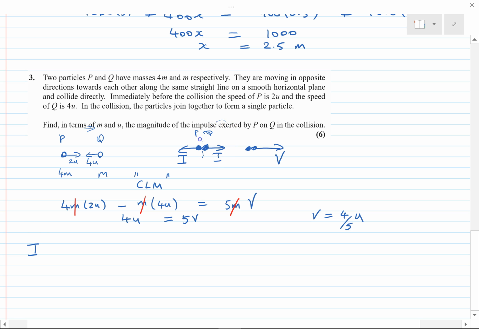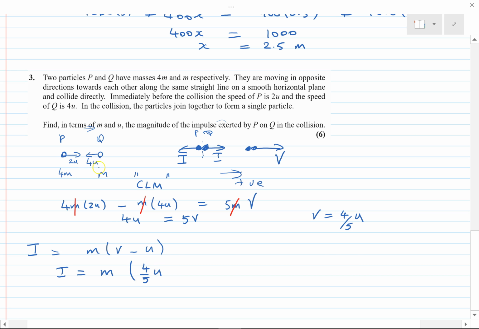So I'm going to apply it to Q, because then I can just regard positive in this direction. The impulse is equal to m times final velocity take away initial velocity, and as always with impulse and momentum, got to be very careful with signs. Now the mass of this one is m. The final velocity is positive because it is going in the direction, 4 over 5 u.